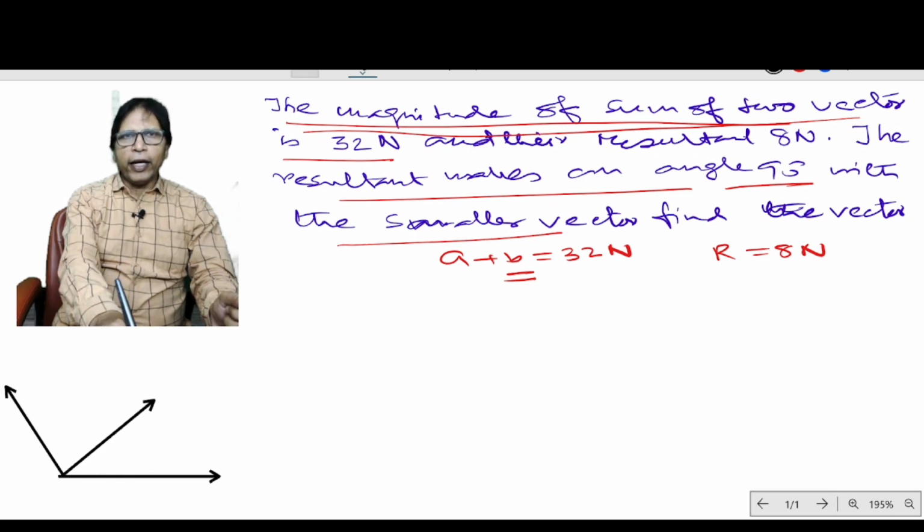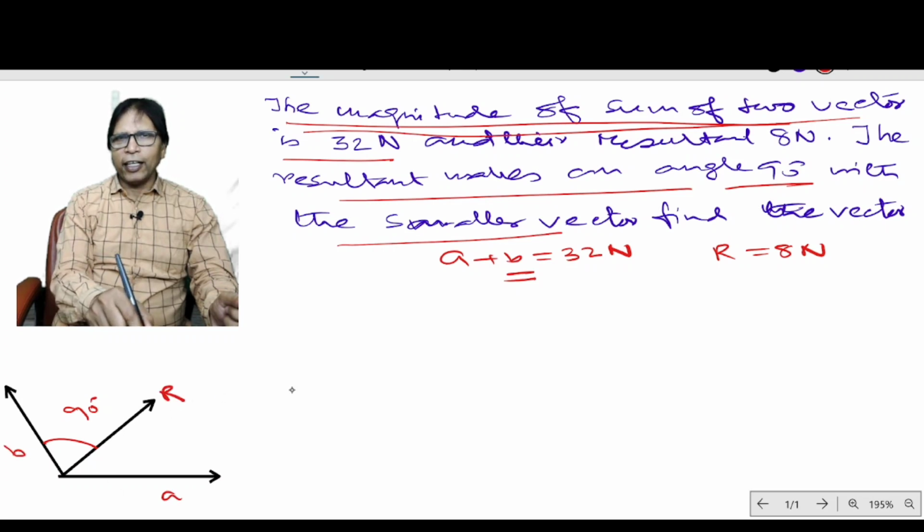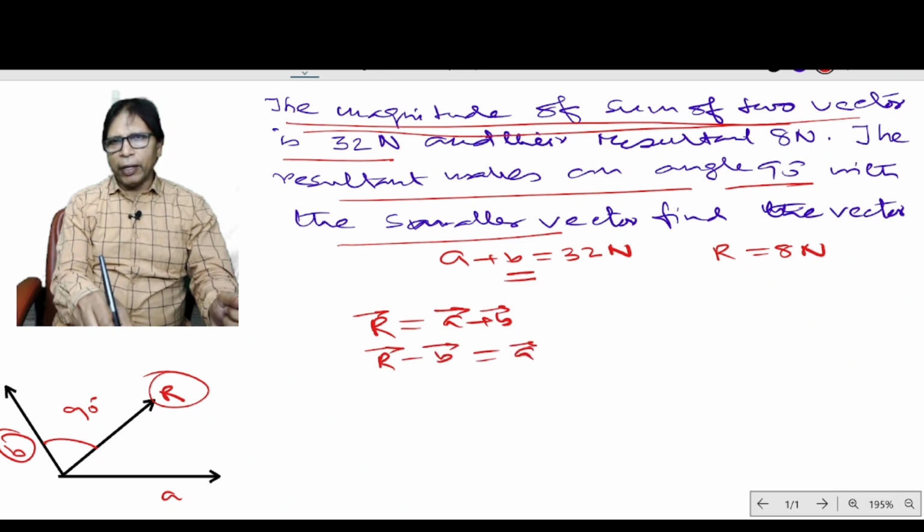Okay, look at this here. The angle between these is 90 degrees. Here, this is A, this is B, and this is the resultant R. So look at this, R vector = A vector + B vector. Here, the angle between R and B is given. So you can write R vector − B vector = A vector.